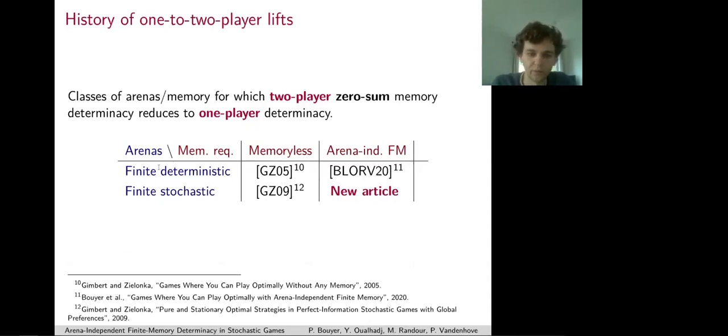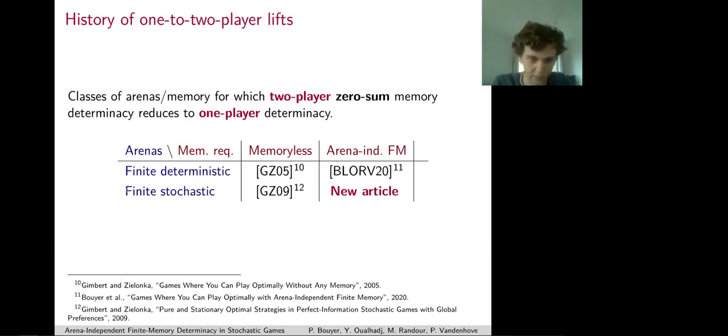So the first one was about finite deterministic arenas under memoryless strategies, which has been stated by Gimbert and Zielonka in 2005. So that is, if you want to prove that memoryless strategies suffice in two-player deterministic games, you just have to prove it for one-player deterministic games. And this has been extended in two orthogonal directions later.